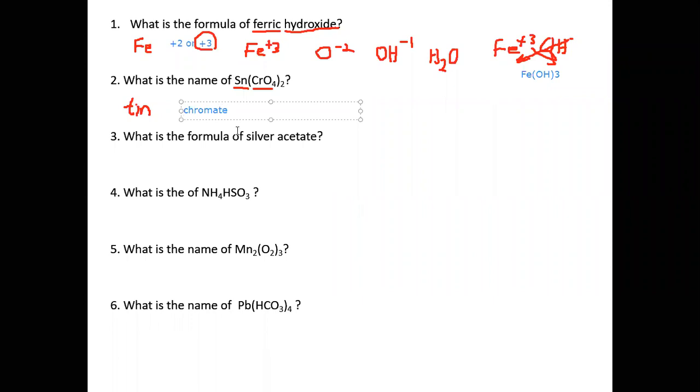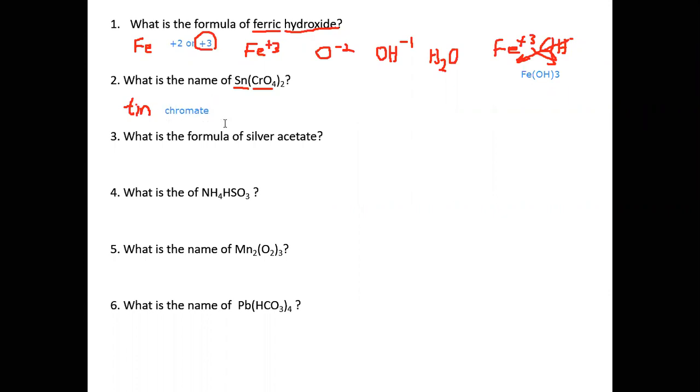Now, since chromate has a -2 charge, we don't use the per in front of it. So it's not perchromate, it's just chromate. Because again, chromate has a -2 charge, so we do not use the prefix per. So far we have tin chromate.